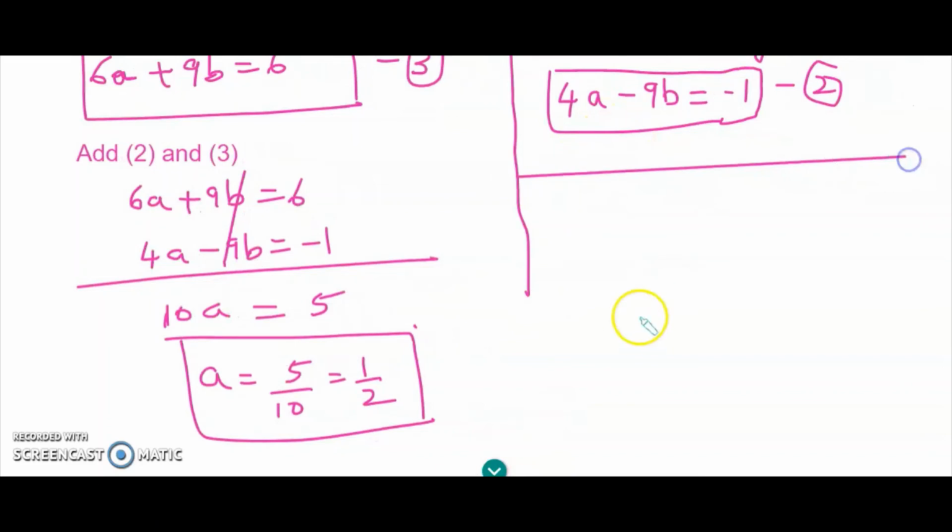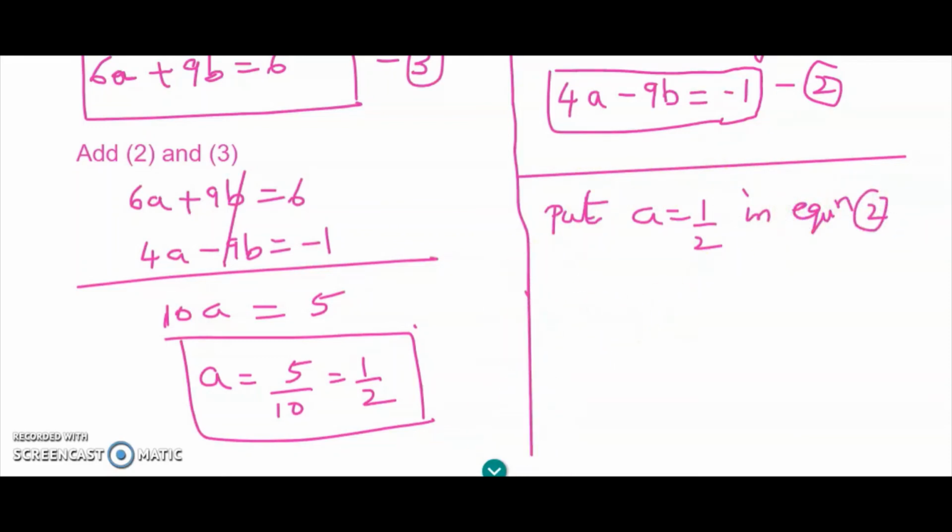Let me substitute the value of a in equation 2. So put a equals half in equation 2. That will be 4 times half minus 9b equals minus 1.